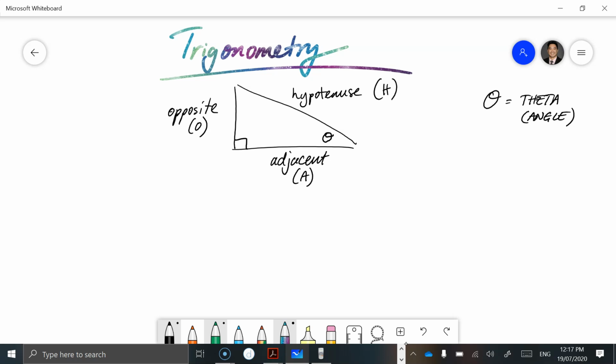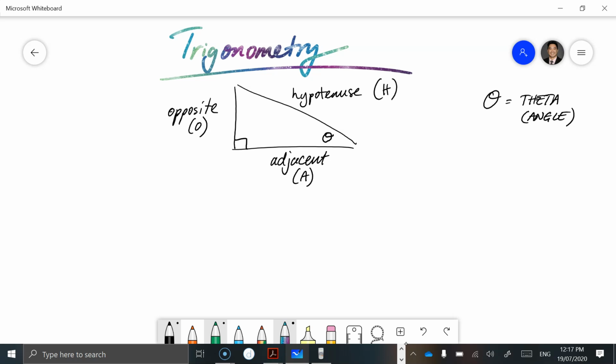Now, the aim of trigonometry with right angled triangles is to do the same thing, to solve for unknown side lengths, and also, in this case, unknown angles. Okay, so in this case here, we know that this is always going to be a right angle, always going to be 90 degrees, but based on the other pieces of information, we don't know what the angles are, we may not know what the sides are.